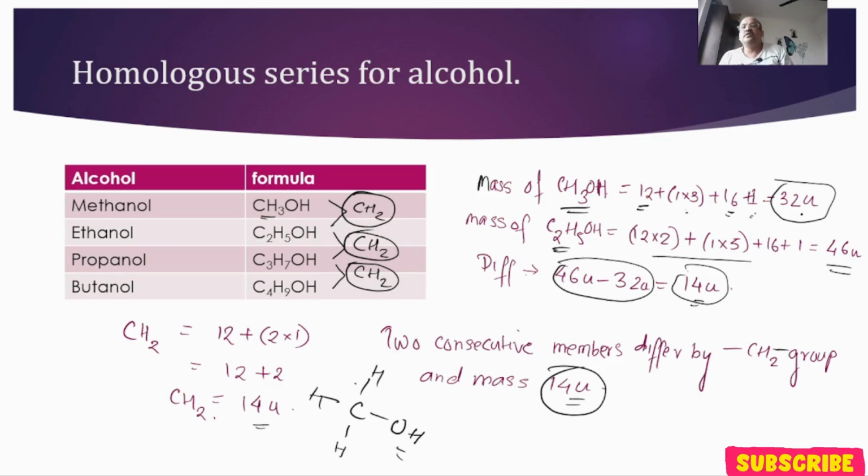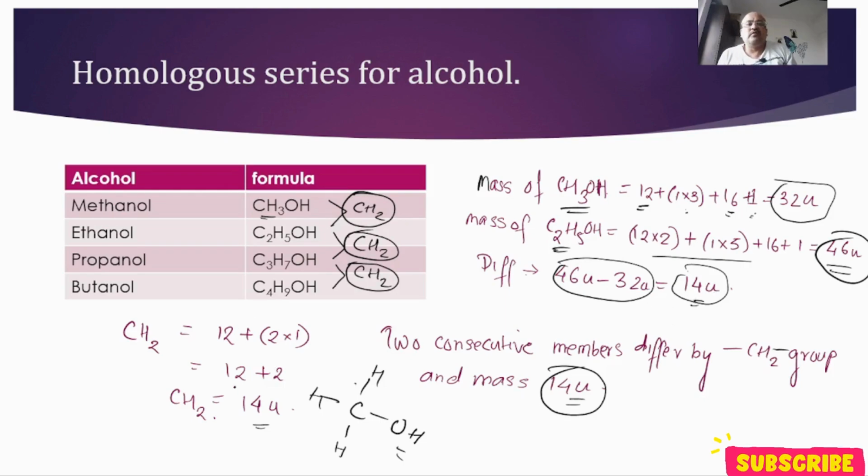I got 32 atomic mass unit. Then the molecular mass for ethanol, if I do this, I got 46 atomic mass unit. If I subtract the molecular mass of methanol from the molecular mass of ethanol, what do I get? I get 14 atomic mass unit, right?